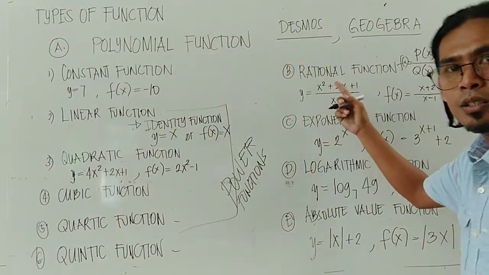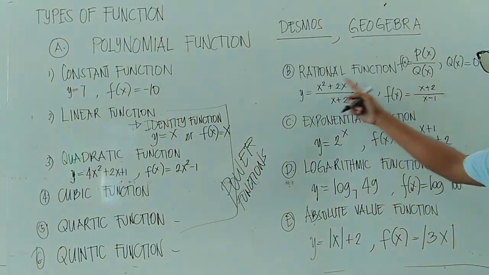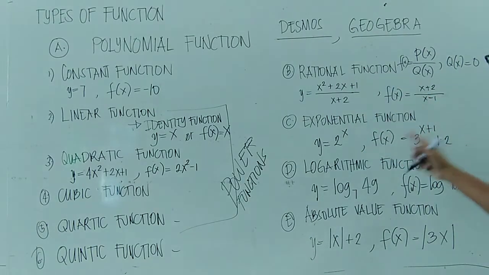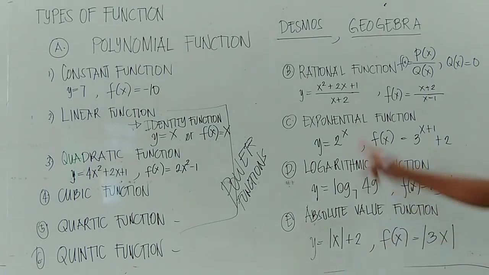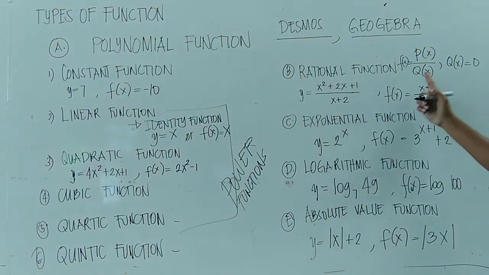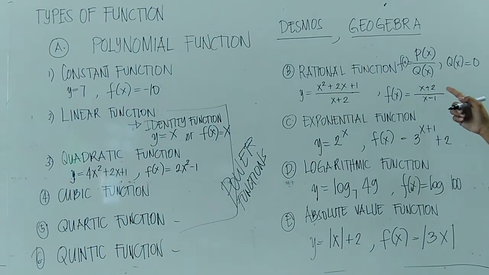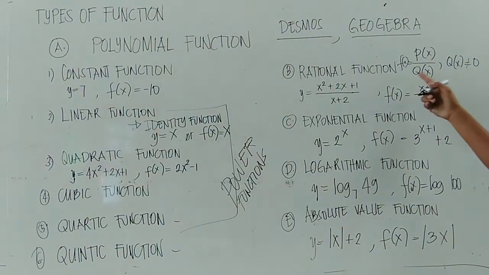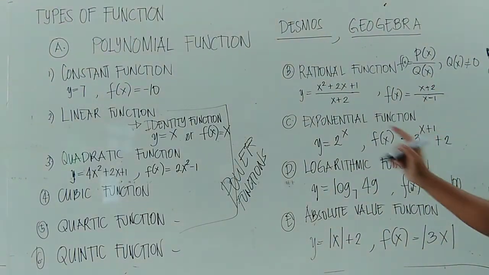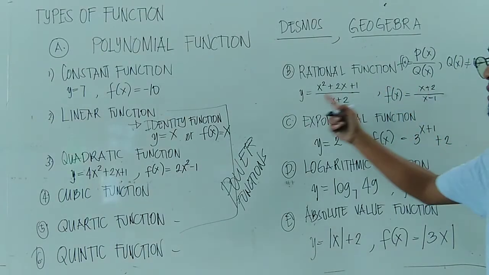Then maproceed ta diri we have rational functions, exponential functions, logarithmic functions, and absolute value functions. So rational functions is in the form of f of x is equals to p of x over q of x, where q of x is not equal to 0. So explain ko na sa next video kung nga hindi pwede ma-equal to 0 ang q of x.